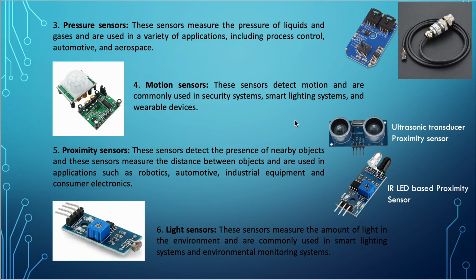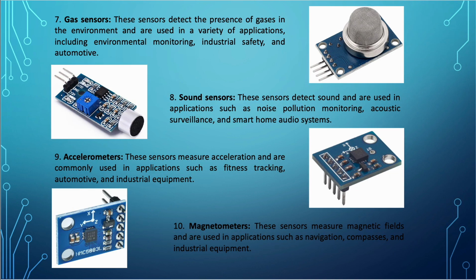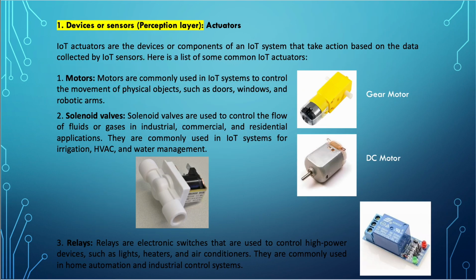Right, we will pause this lecture here. I think we have covered 2 hours. In the next lecture session we will go through the rest of the examples here, and we will go to actuators.